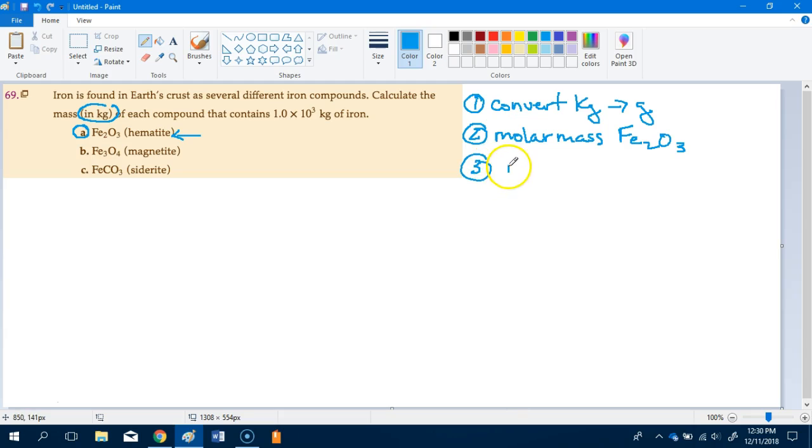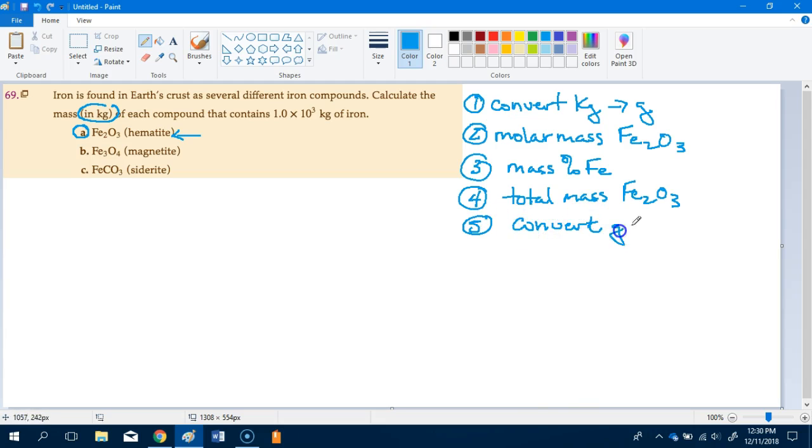And then we're going to find the mass percentage composition of Fe in the hematite. And then once we get the mass composition, we will find the total mass of Fe2O3. And then lastly, we're going to convert the grams back to kilograms.